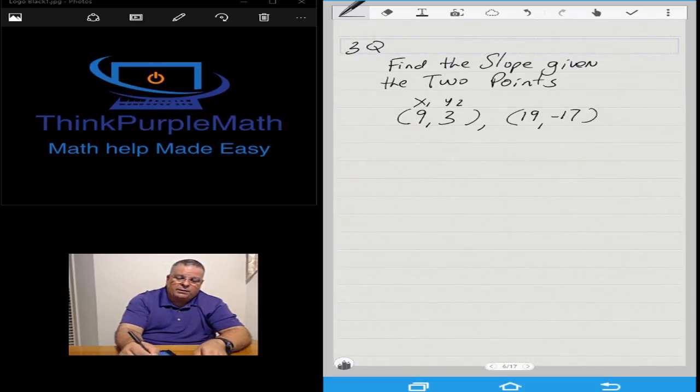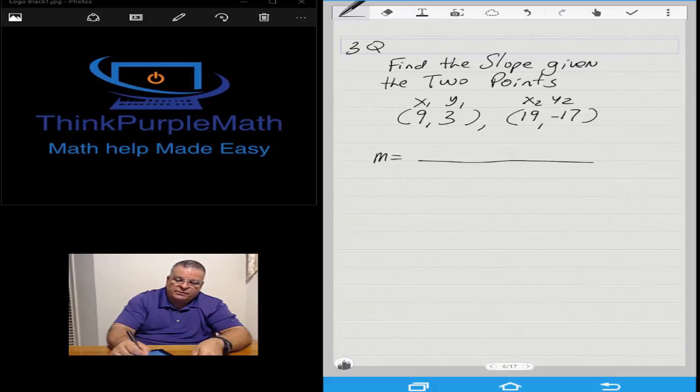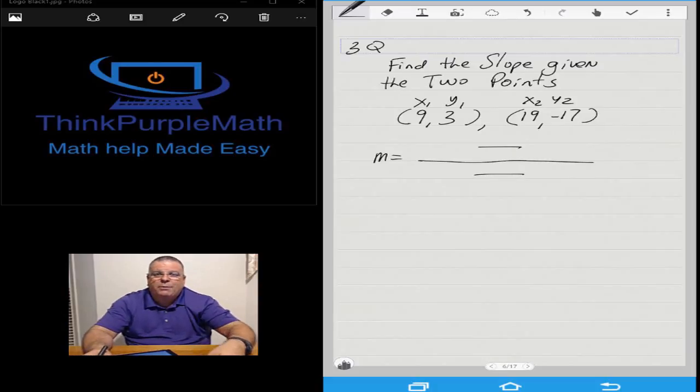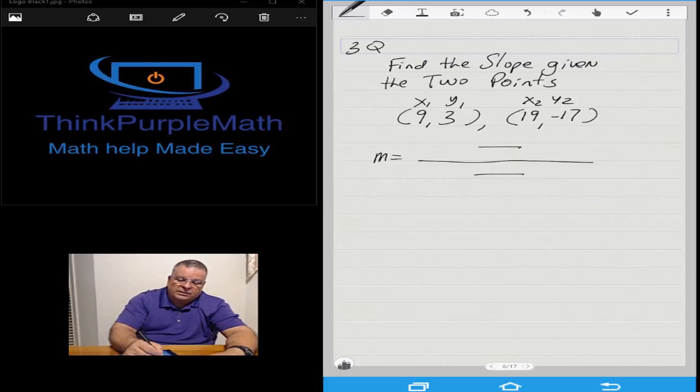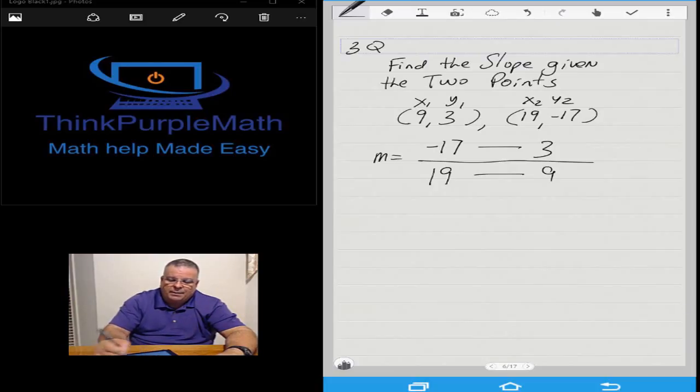X1, Y1. Whoops. Let me make a correction there. X1, Y1, and X2, Y2. In this case, I'm not going to write the formula. We're going to do it by memory. So it's Y2 minus Y1, which is negative 17 minus a positive 3. And X2 is 19 minus positive 9.